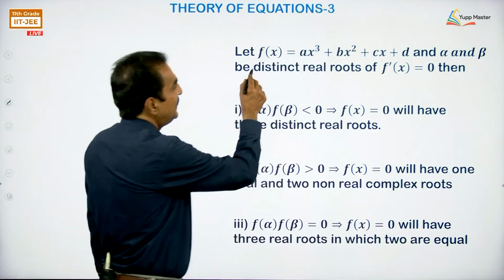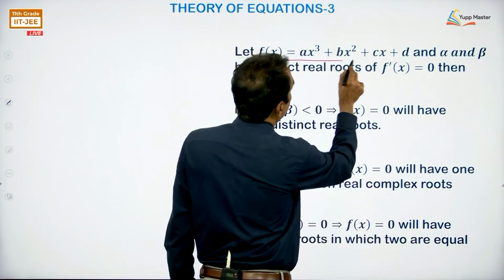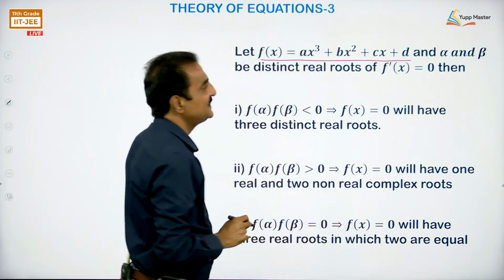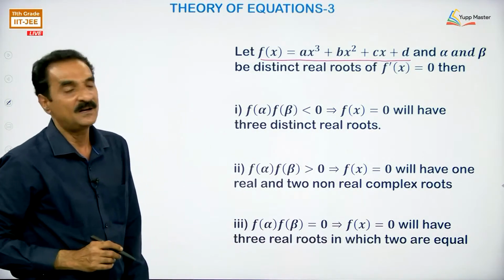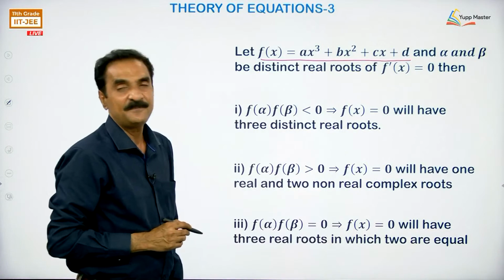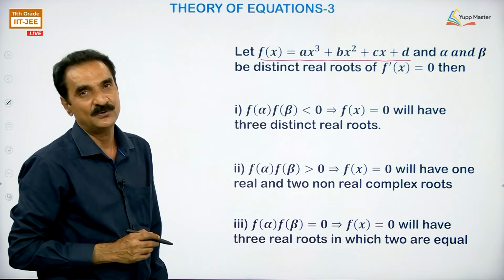Let f of x is equal to ax cube plus bx square plus cx plus d, and alpha and beta be the distinct real roots of f dash x is equal to 0.